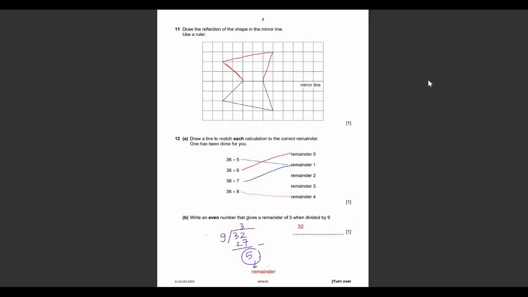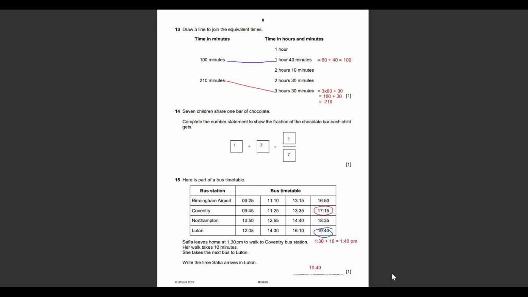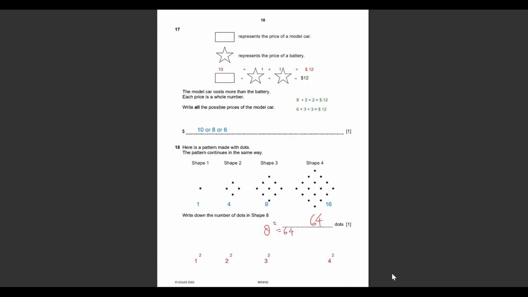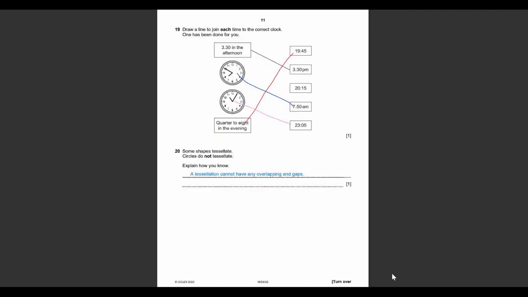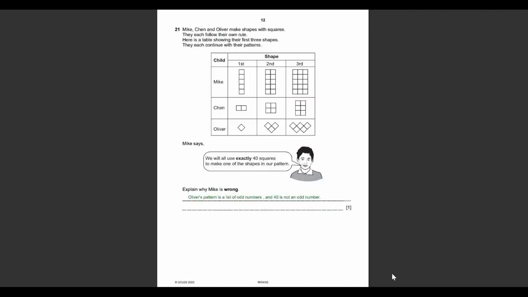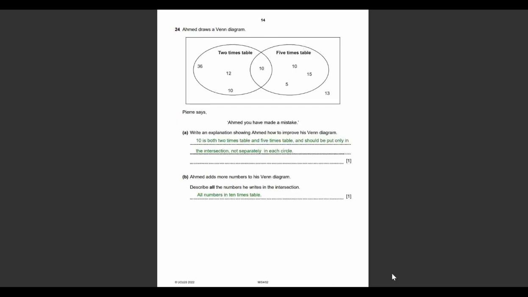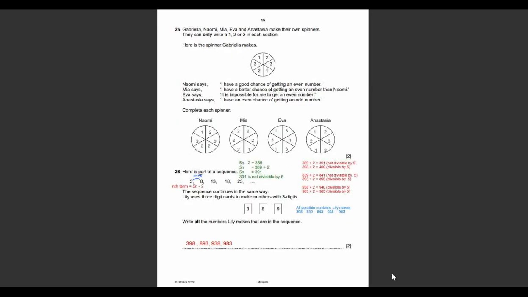Answer. This is page 7, number 11, 12. Next. This is page 8, number 13, 14, 15. Answer. This is page 9, number 16. Page 10, number 17 and 18. Page 11, number 19 and 20. Page 12, number 21 and number 22. Page 14, number 24. Page 15, number 25 and 26.